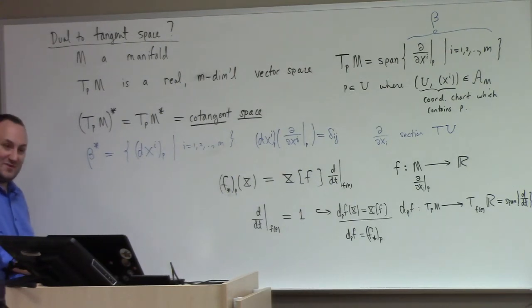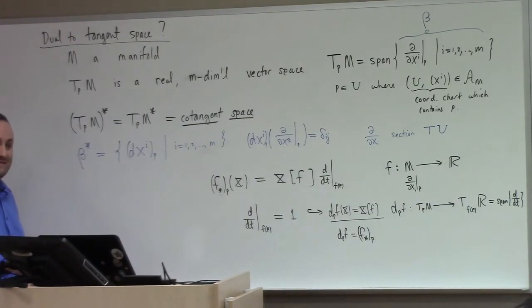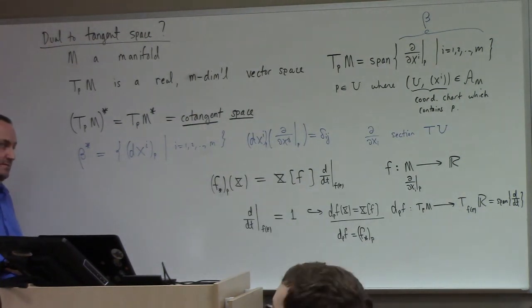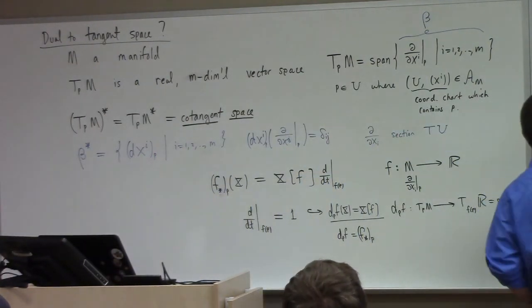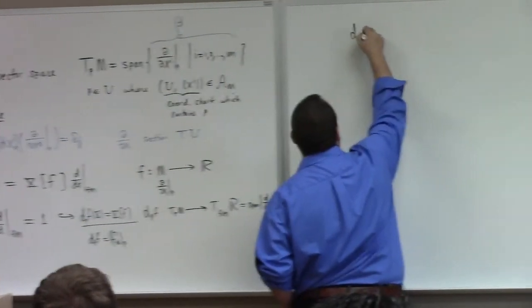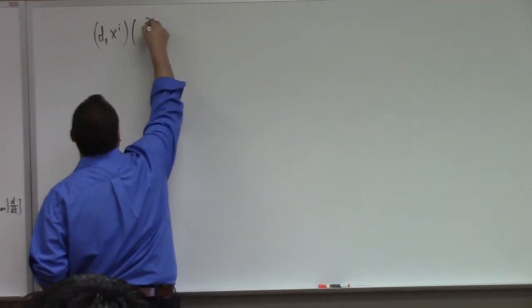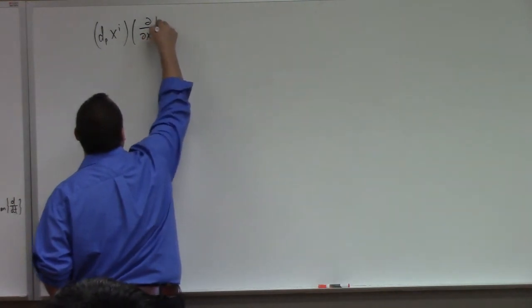So with this notation in mind, is the dual basis consistent with everything else that I've laid on the table? Because now I have a different way to calculate. I can calculate this meaningfully now, right? d p x upper i I can let act on the vector field partial x j at p.